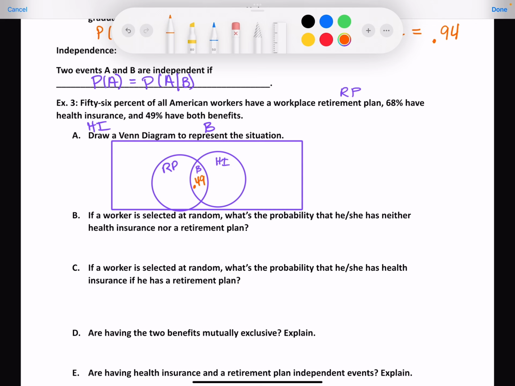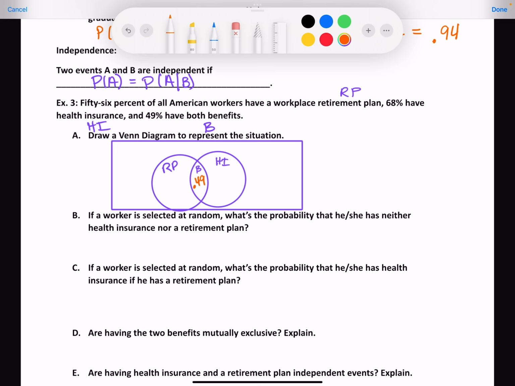All right, so 56% of all American workers have a workplace retirement plan, but 49% have both. So, how many people just have a retirement plan? 56%, 0.56. No. That's how many total have a retirement plan, but 49% also have a health insurance plan.